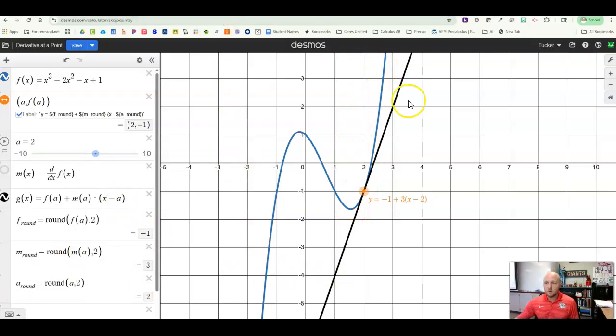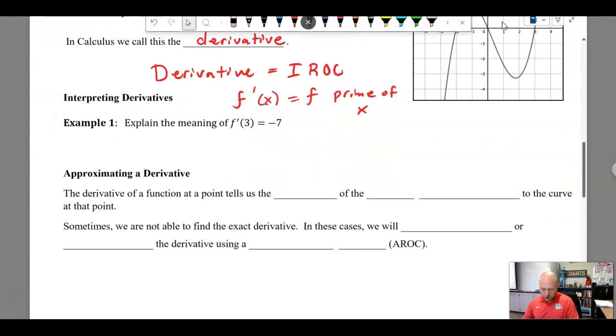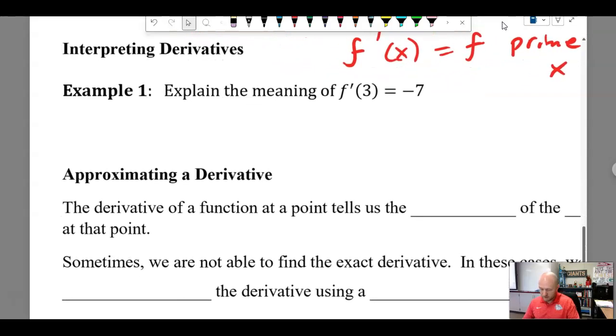All right, so let's go ahead and explain the meaning. Let's interpret this derivative right here. It says explain the meaning of f prime of 3. f prime of 3, that's how you would enunciate this and read this mathematical notation in English, is equal to -7. So what does this mean?